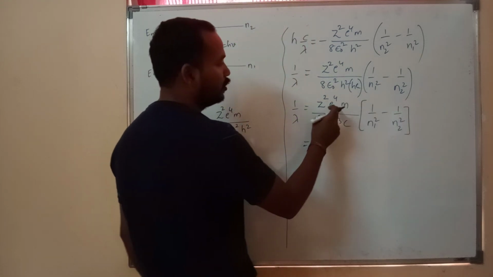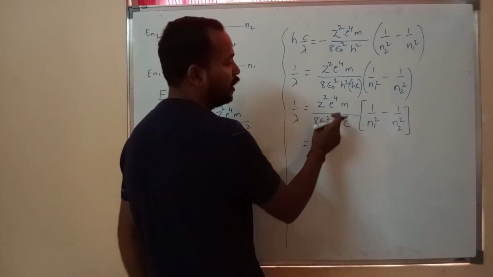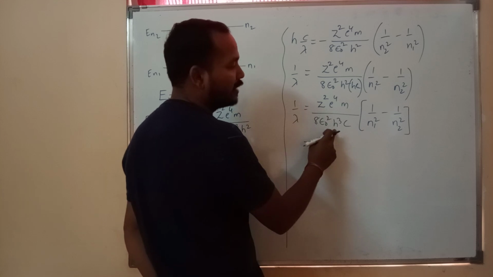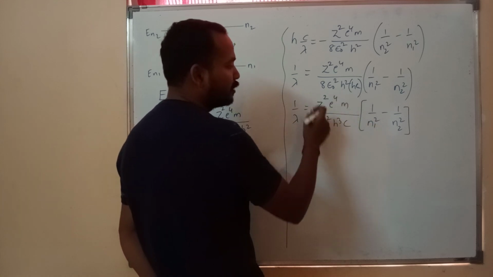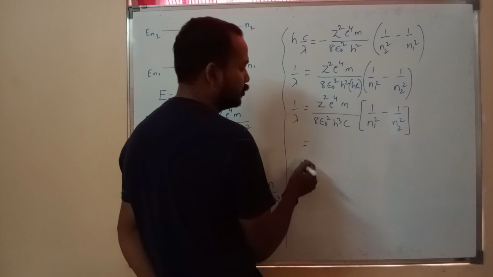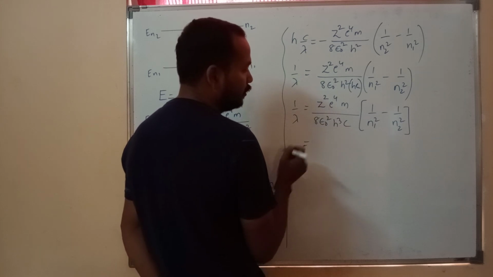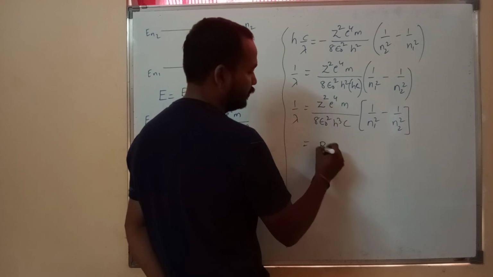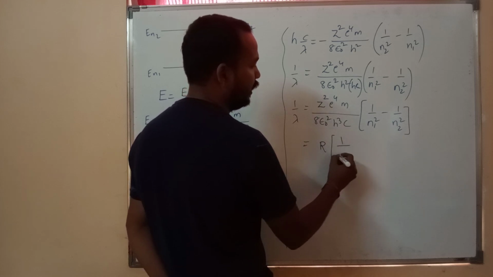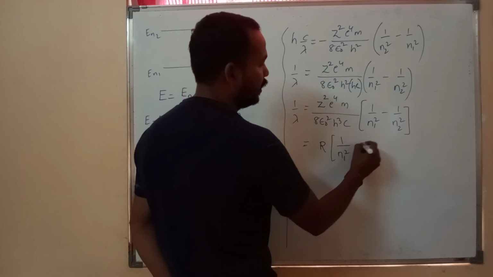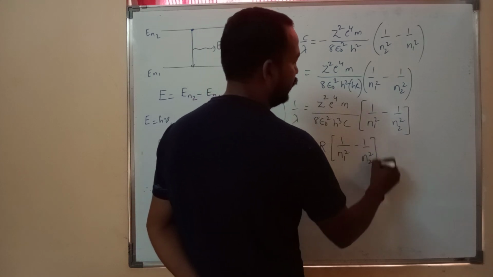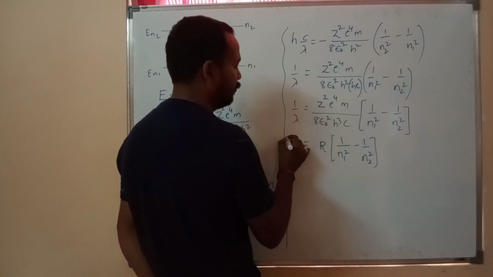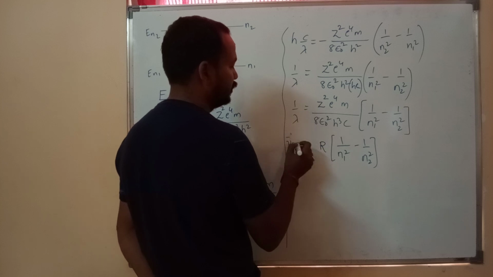Now here we know the values of the mass of electron, absolute permittivity, Planck's constant and speed of light. After substitution of all these values, we will get one value which is called the Rydberg constant, R into 1 by n1 square minus 1 by n2 square. This is 1 by lambda, nothing but wave number. Right?